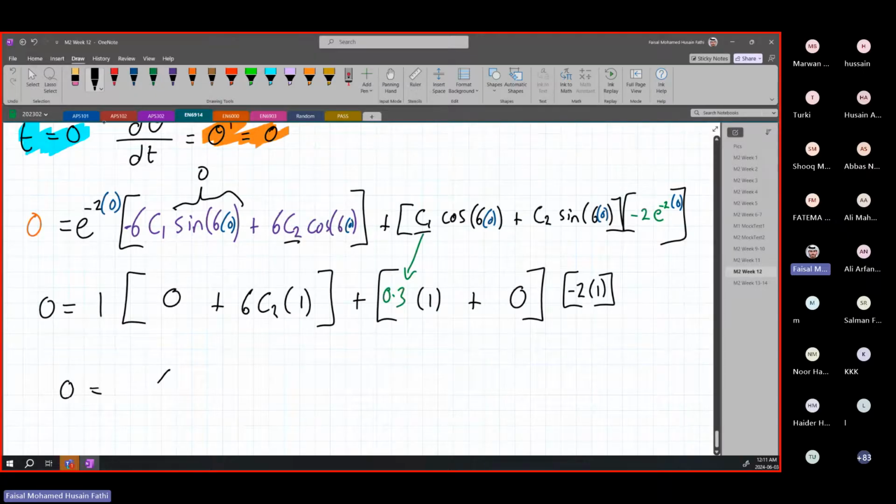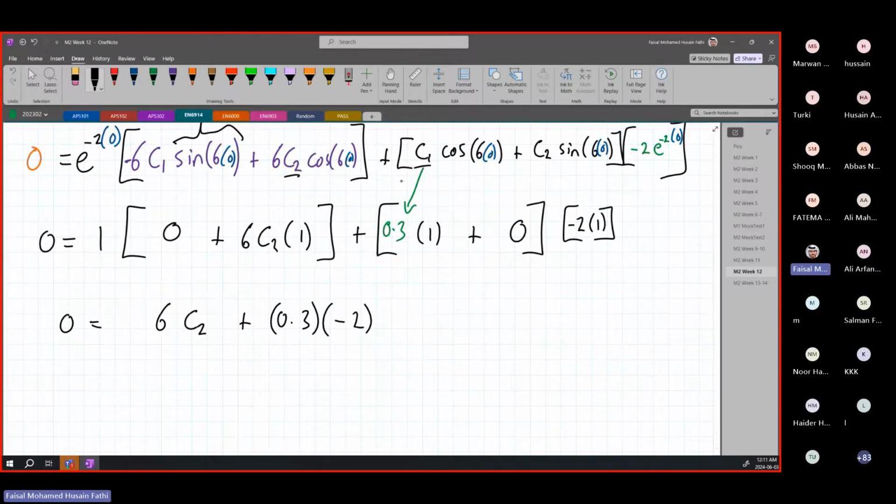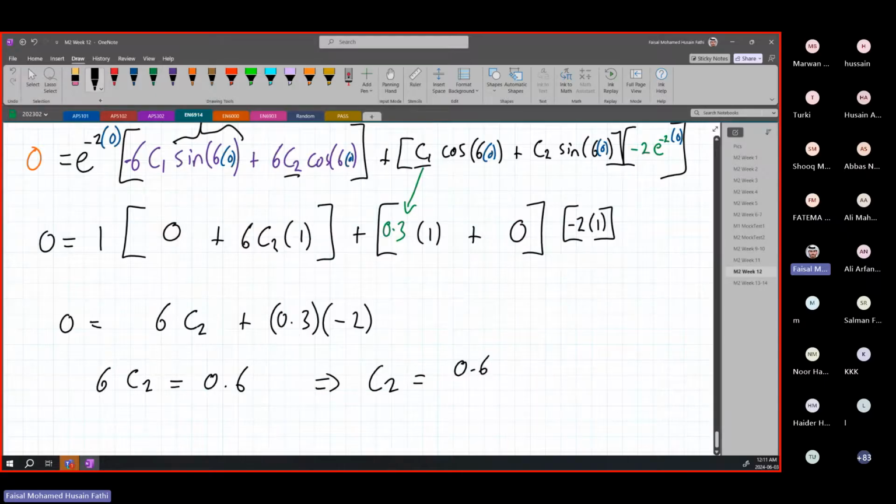So this is 6C2 plus 0.3 times minus 2. Okay? In other words, 0 is equal to 6, or let's just simplify it directly. 6C2 is equal to 2 times 3 is 6, so it's plus 0.6. Which means C2 is equal to 0.6 over 6, which is also equal to 0.1.